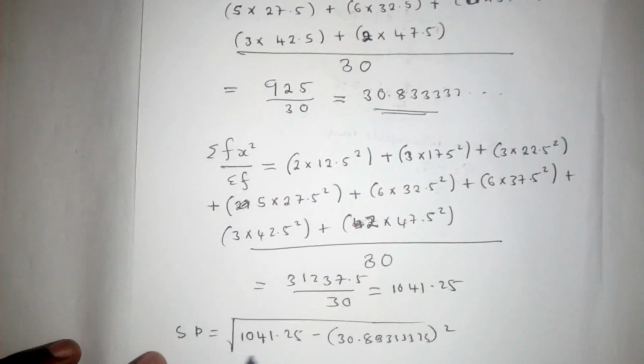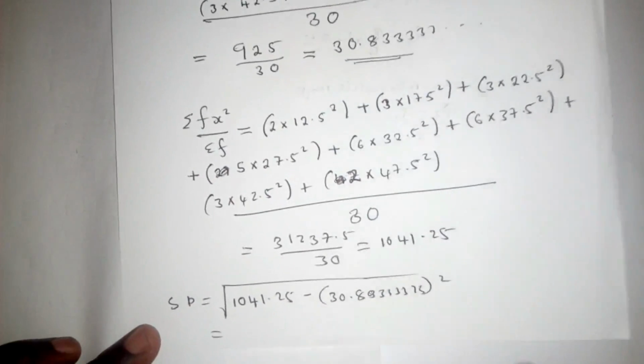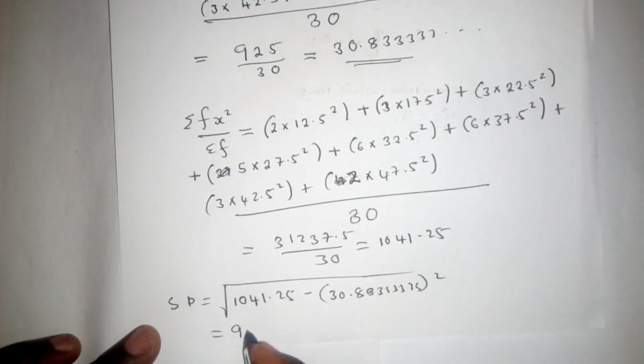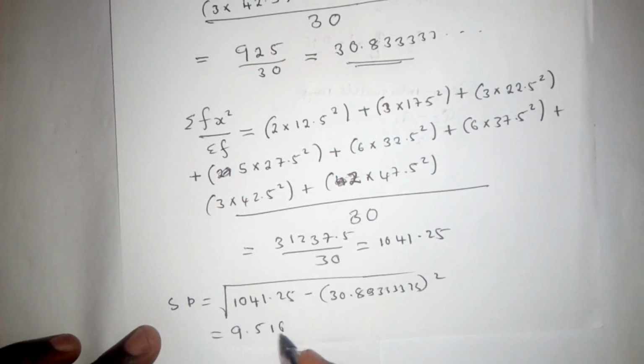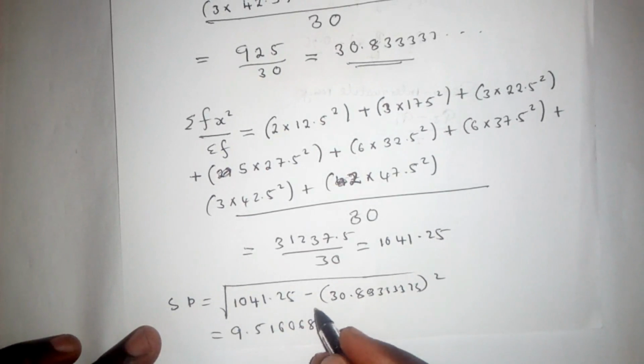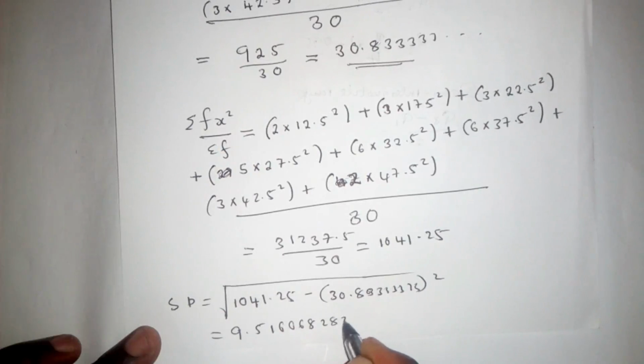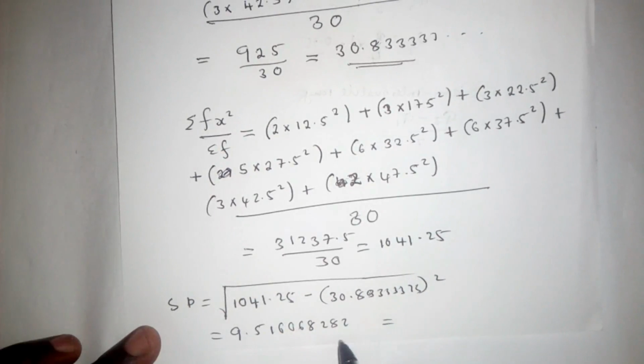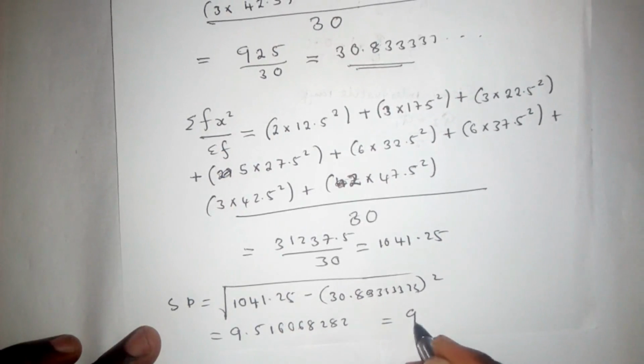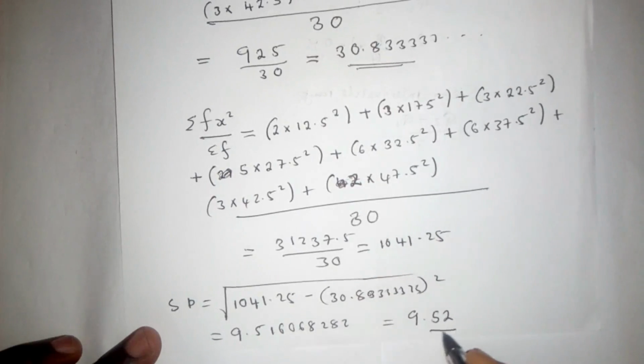And then our answer will be equal to 9.516068282. And remember, in the question they say you put this into 3 significant figures. So 1, 2, 3. So it will be 9.52. So this is our answer.